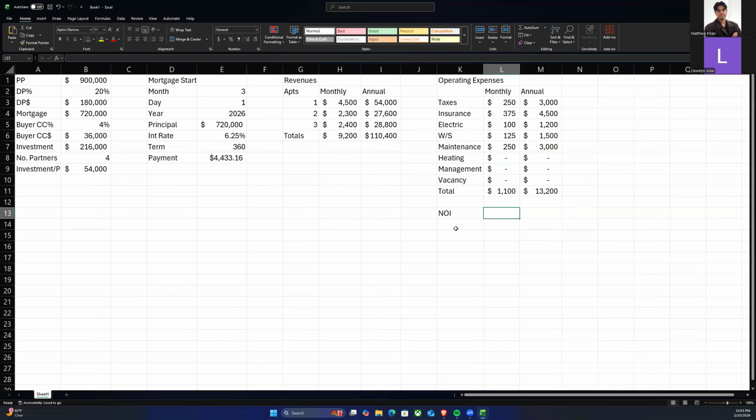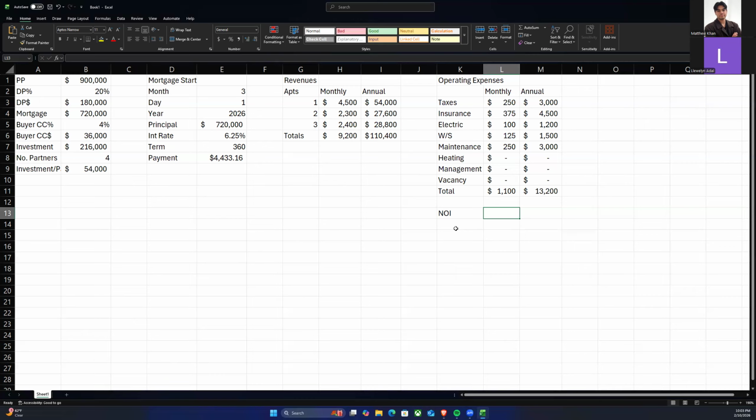So if that's the case, I want to know what is the monthly operating income that I will make if I rented the property out for exactly what Bob or I would get. Well, the building on a monthly basis makes in total rents 9,200, and the operating expenses for the month is 1,100.